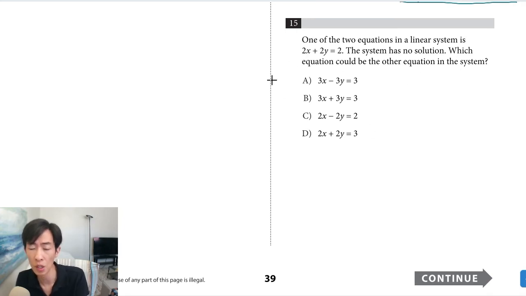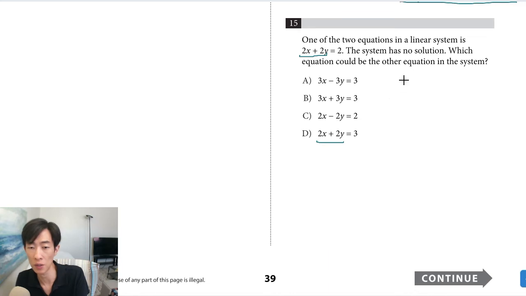So there's a couple ways to do this. One is if you just look at the answers, what you'll realize very quickly is, hey, if this is 2x plus 2y equals one thing, and choice D is 2x plus 2y equals another thing, there's no way these two graphs could intersect, because they're not equal to the same thing.